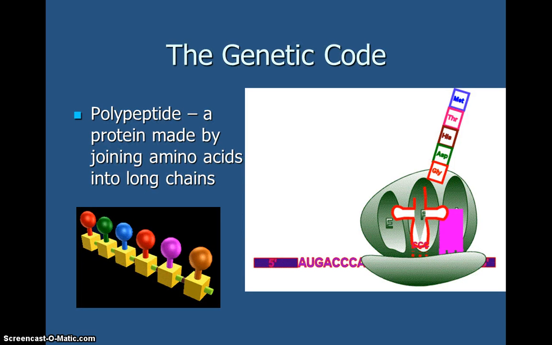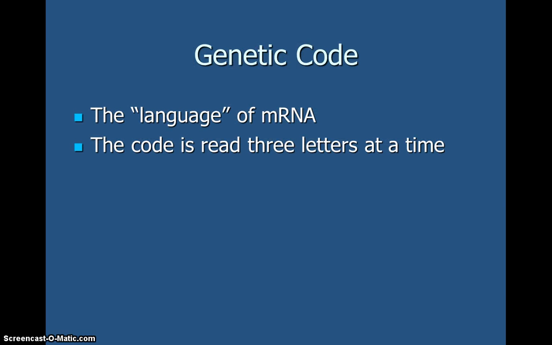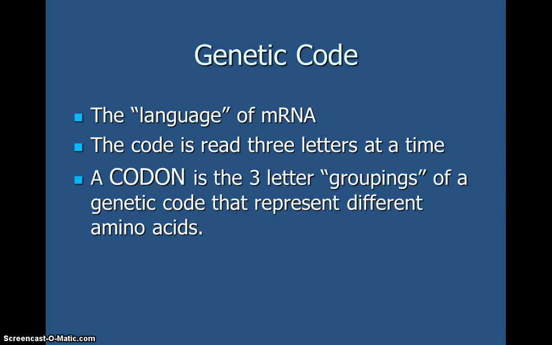The genetic code. Polypeptides, we talked about polypeptides in chapter 2. A polypeptide is a protein made by joining amino acids into a long chain. The genetic code is a language of an mRNA, and it's a code that is read in 3 letters at a time. A codon is a 3-letter grouping of genetic code that represents different amino acids.